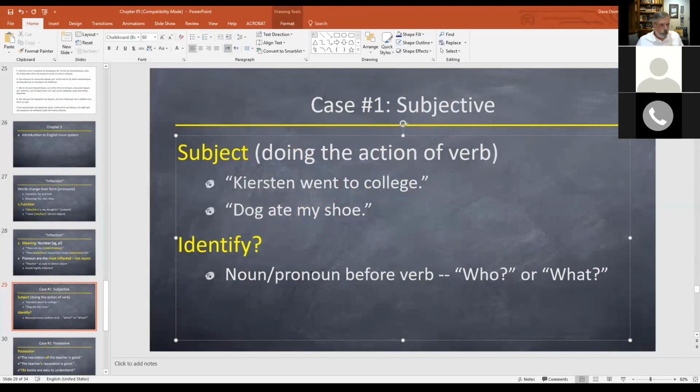We look for a noun or pronoun before the verb. There's a structure in English where we put generally the subject before the verb. The dog ate. Kirsten went. And normally, if we don't know what the subject is, we ask ourselves the question, who ate or what went, or what ate or who went, whatever the case may be. So that's how we determine that in English.